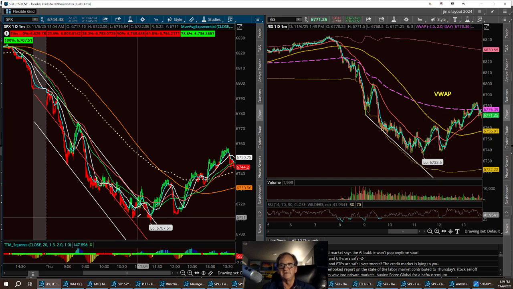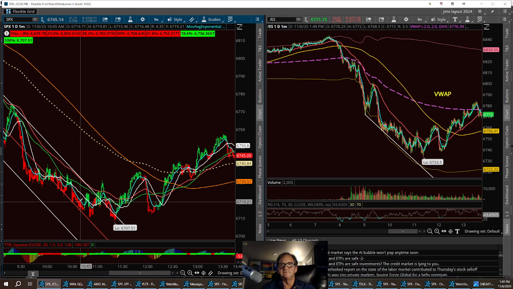So this is the SPX. So when it breaks out, you don't want to chase the stock. You want to let it pull back and create some kind of pattern going sideways. So once we started breaking out of that pattern, we started showing a megaphone pattern.